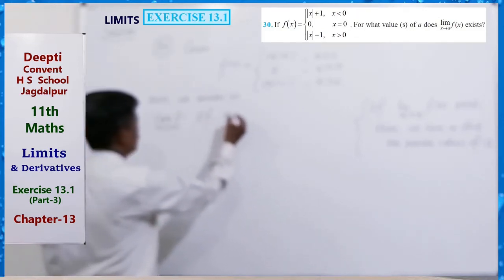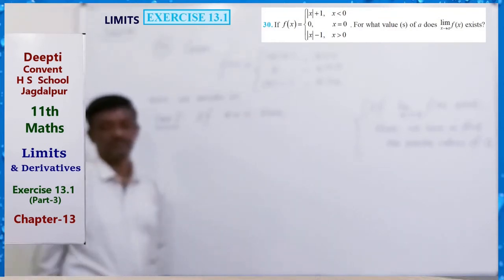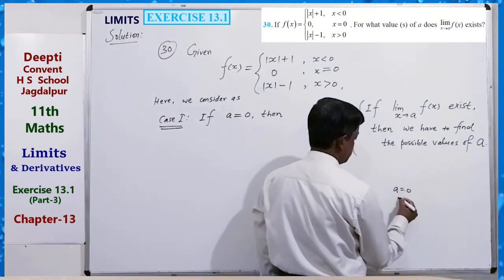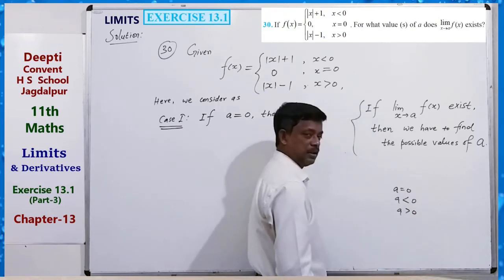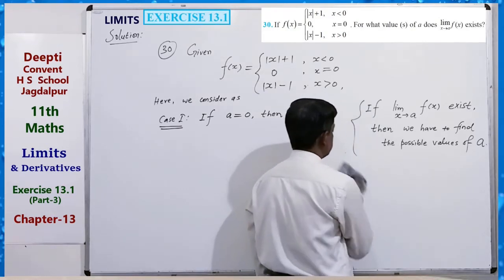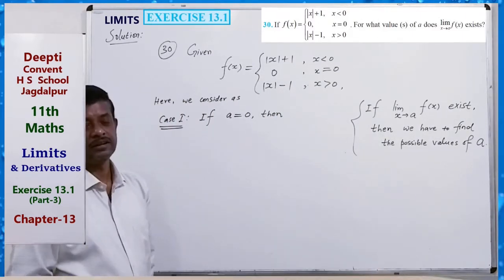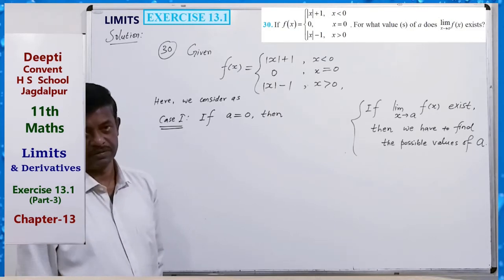If a equals 0, a less than 0, a greater than 0, in these 3 cases we try to find whether the limit exists or not.